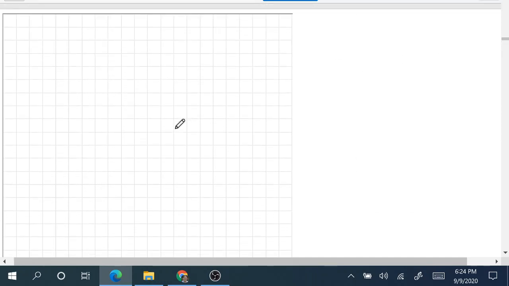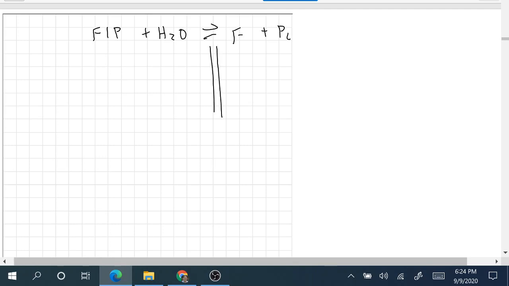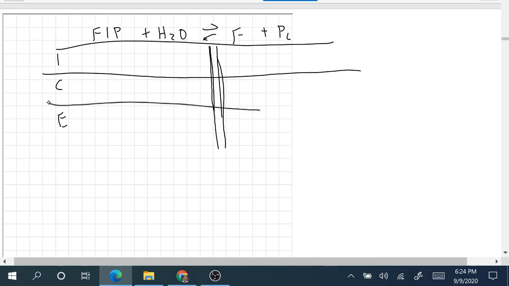Alright, so let's make an ice table. Start by drawing our reaction again as the abbreviated form. Fructose-1-phosphate plus water yields fructose plus inorganic phosphate, and this is a reversible reaction. So if it's reversible, we can draw an ice table for the equilibrium conditions to help us set up our Keq.